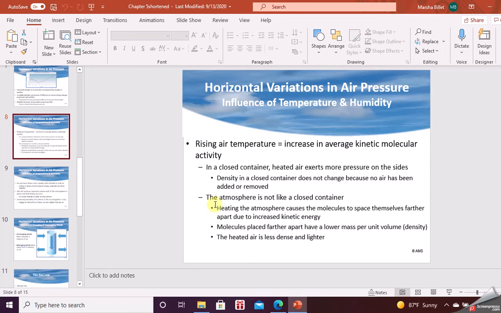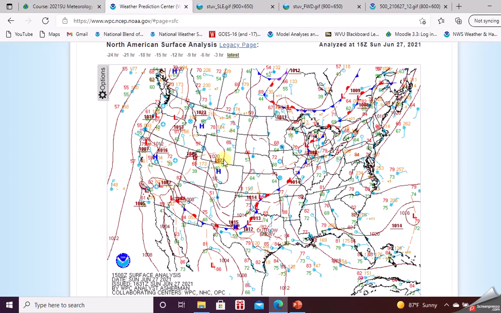And if I was to go back and look at this weather map, notice this low pressure down here in Mexico. That low pressure is actually being caused by heat from the sun. There's a ridge there that gets very, very hot. That low pressure, very dry, but typically very, very hot.